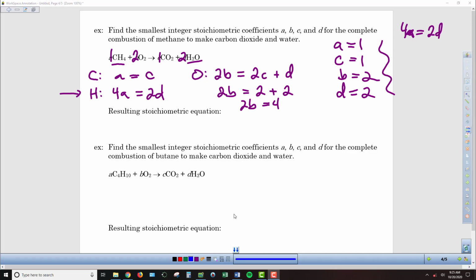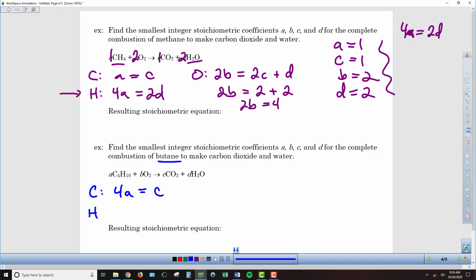For our last example, we're looking at the combustion of butane. We're going to have the same circumstance where we have 3 elements leading to 3 equations, but we've got 4 variables since we have 4 coefficients to solve for. In the case of carbon, we've got 4A on the left equal to C on the right.